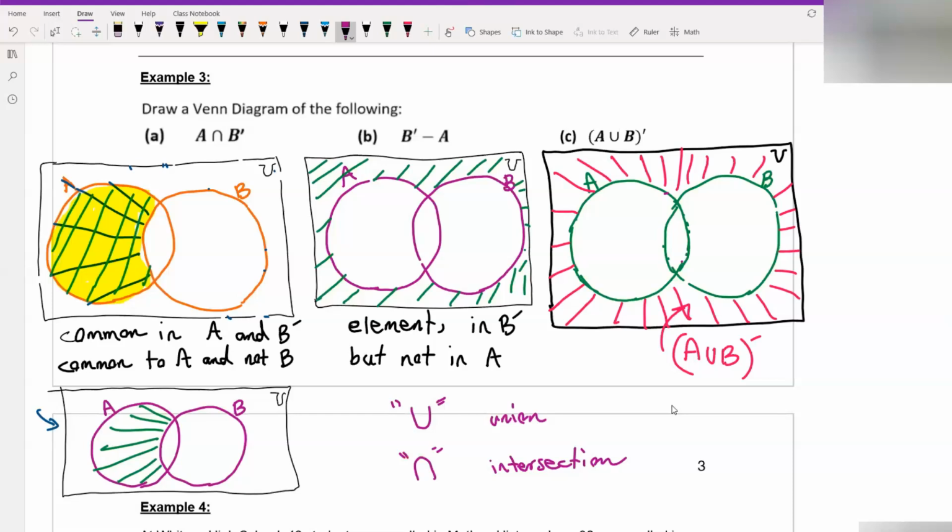So for union, you have to combine all members. But for the intersection, you have to find what you have in common.